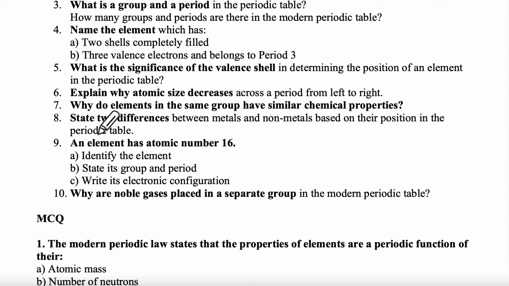Okay. Now the ninth one is important. Atomic number means number of electrons are 16, correct? Therefore, electronic configuration. First thing is get the electronic configuration. Now A says identify.